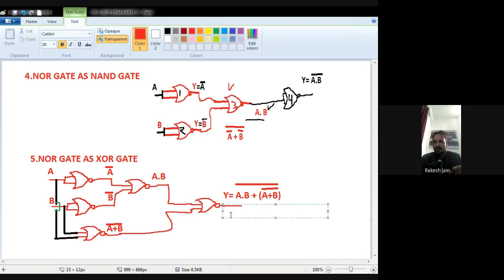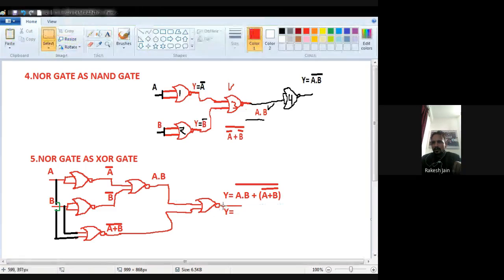Now I check the result by applying the De Morgan theorem. So now see, Y is equal to, two things are there, first is AB and second one is A plus B bar, having a plus sign in between them. Both the two things will be written having a separate bar.